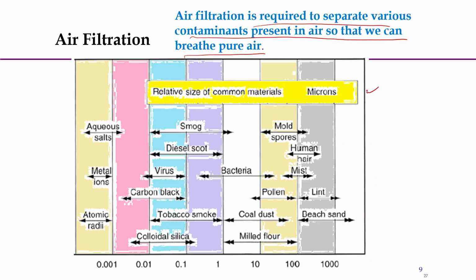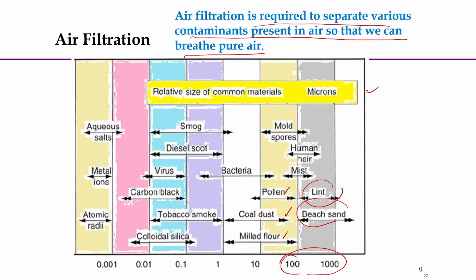If you start with the coarser particles like lint, beach sand, human hair, these coarse particles sometimes float in the air, 100 to 1000 micron. Then between 10 to 100 micron, we have coal dust, milled flour, pollen.